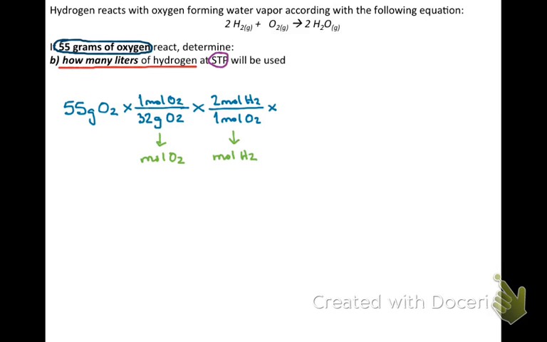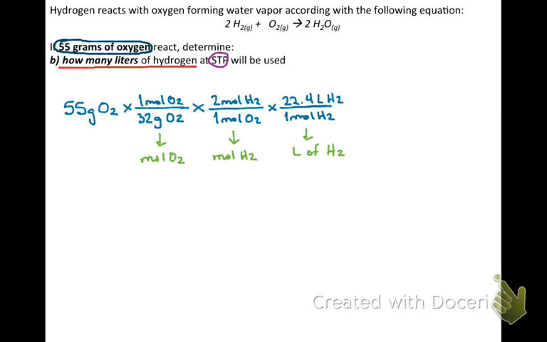So I just use this. I will have 1 mole of hydrogen here and 22.4 liters of hydrogen. And here is where I will stop. Here the unit will be liters of hydrogen.